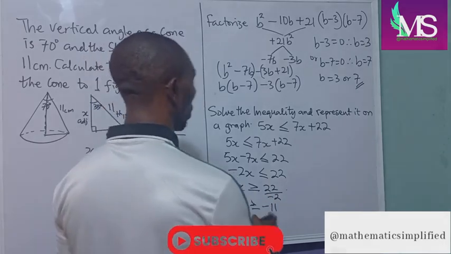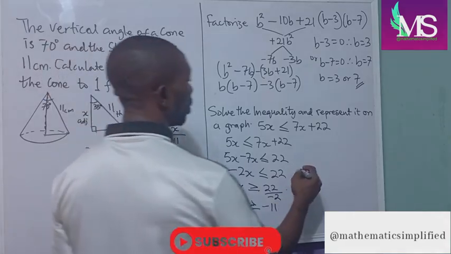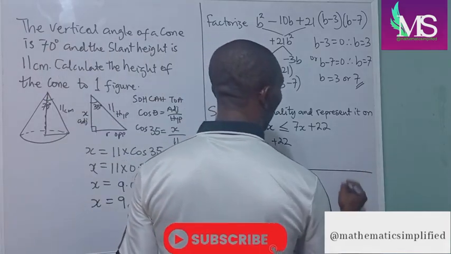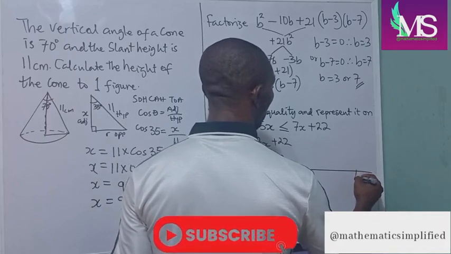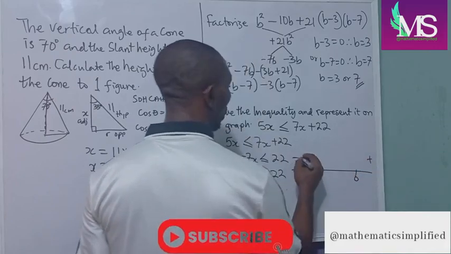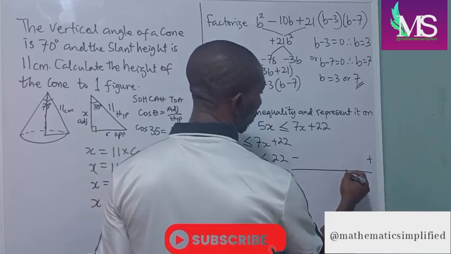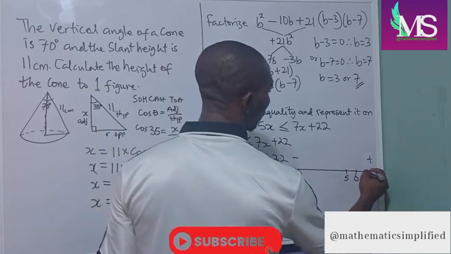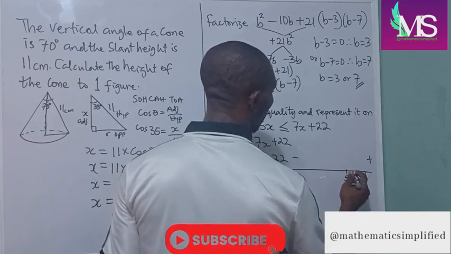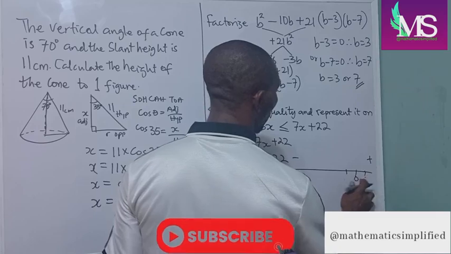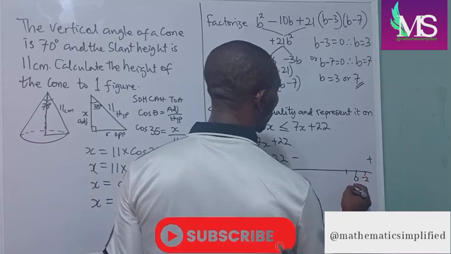Now, representing this on the graph simply means putting it on the number line. Now we are going to have, since this is our 0, this is positive and negative. So let's put it on a scale of 5 plus 5. Okay, let's do it with minus 2.